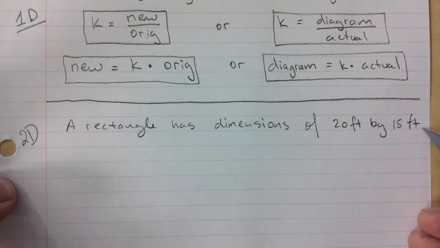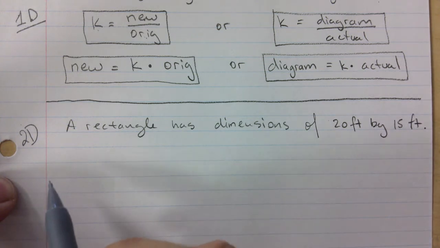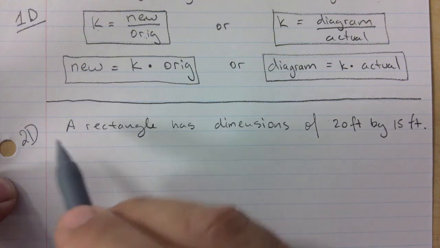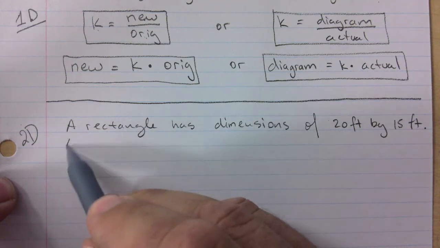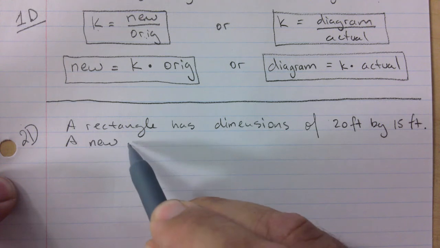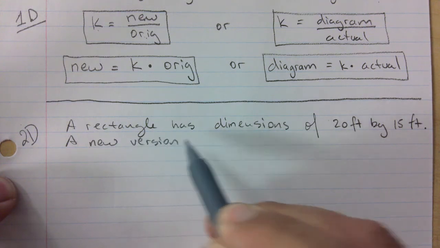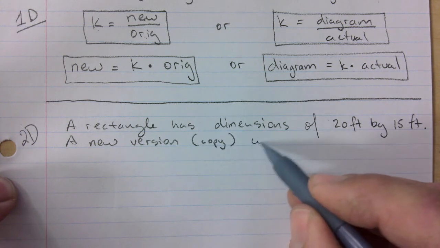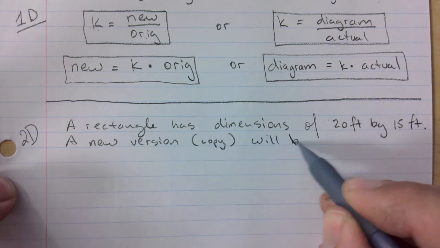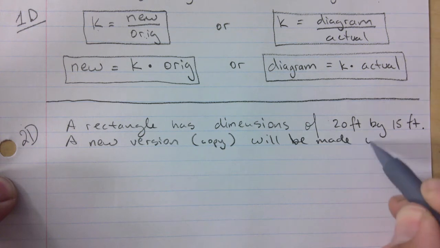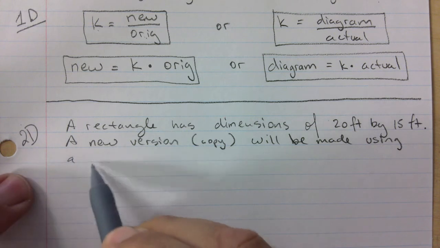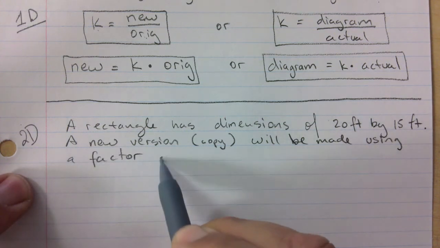And I'm using numbers that work out nice and easy just to illustrate something. We could have decimals, all various things could appear. A new version, essentially a copy, will be made using a factor of 3.